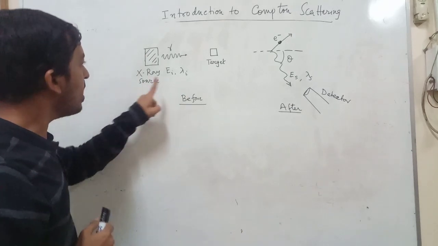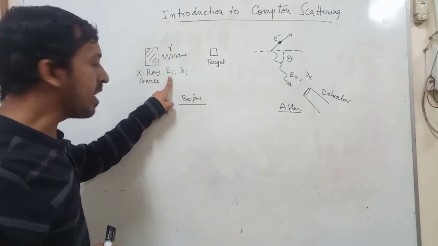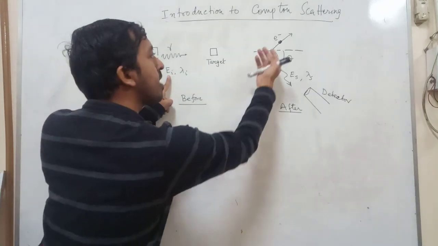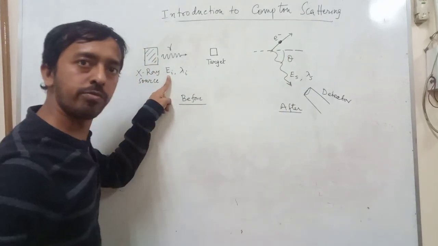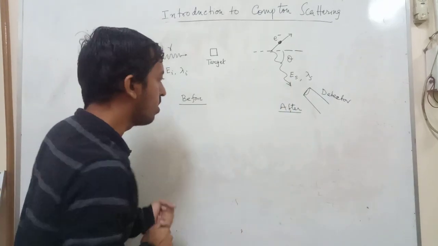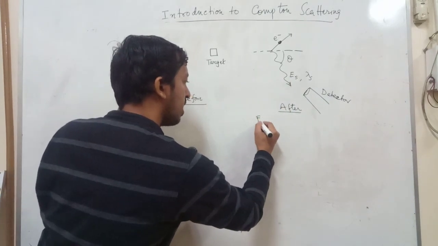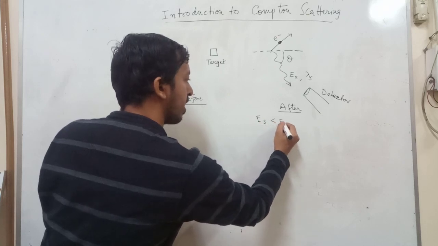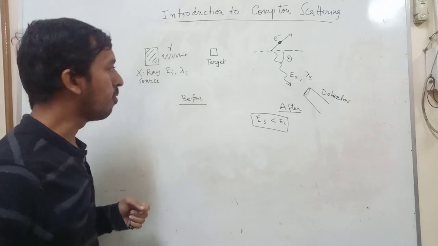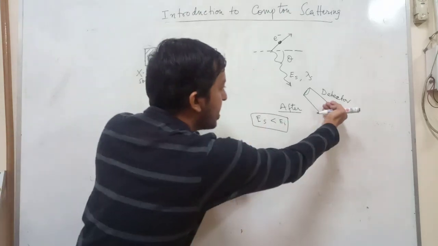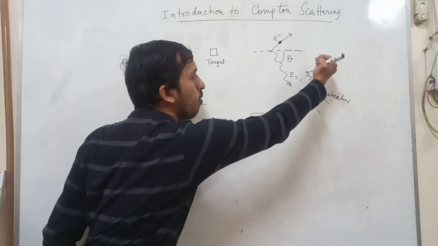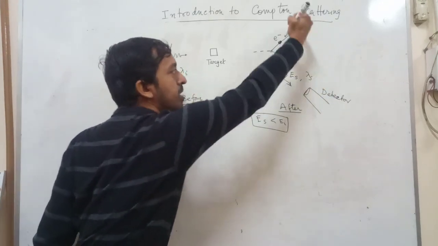Obviously, if EI is the energy of the incident photon, the photon is transferring some of its energy to the electron, right? So the scattered photon's energy ES is getting diminished. ES is of course less than EI in the process. We place the detector in such a way that we catch the photons along various angles.